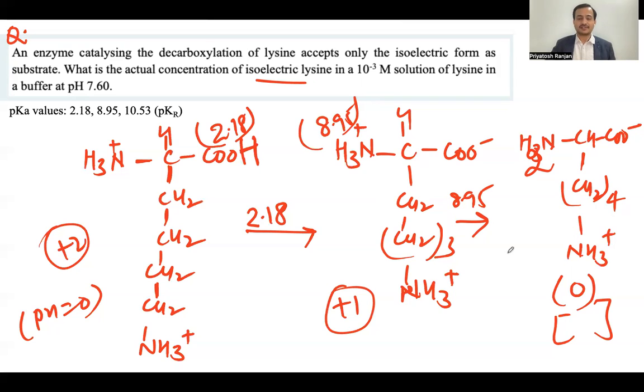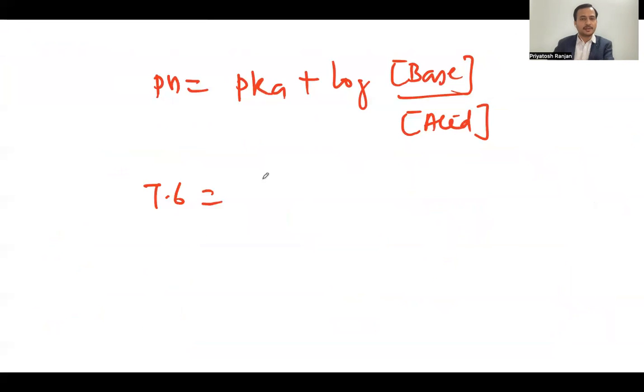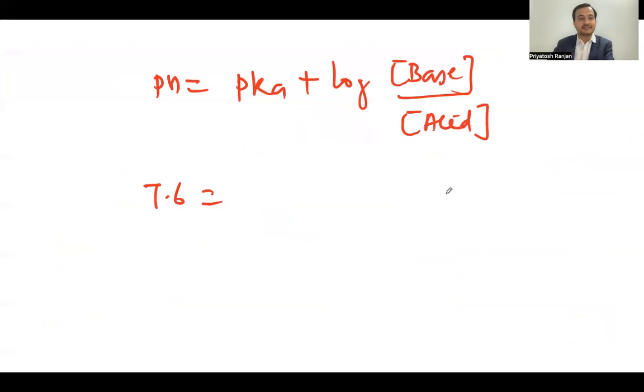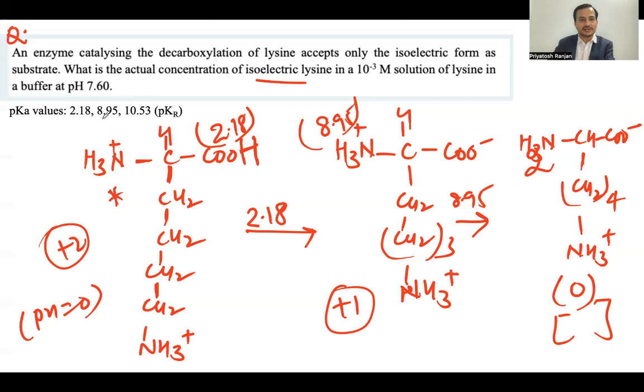Same holds true if I'm comparing the pKa of 8.95. The point I'm trying to make is that since I'm interested in this isoelectric species, they are going to form beyond 8.95. That's the reason I'm taking this pKa as 8.95. I'm not interested in 2.18 because they will only form once I cross the pH value of 8.95.